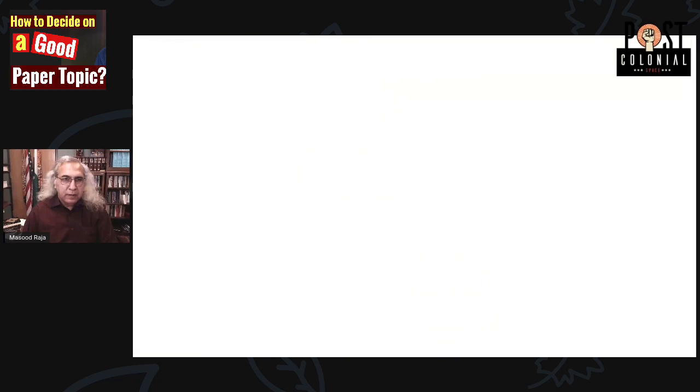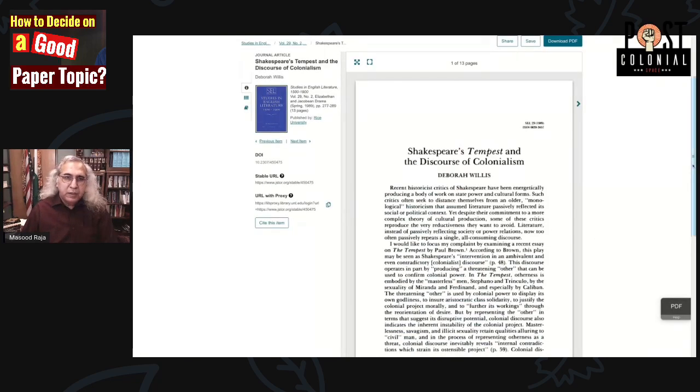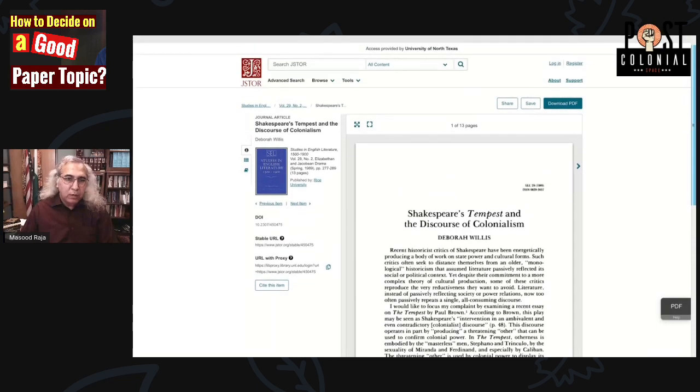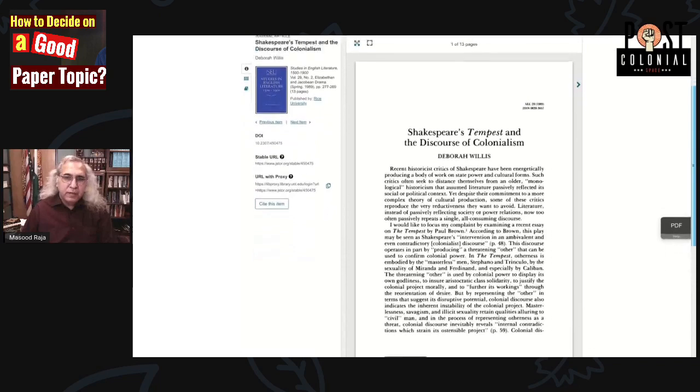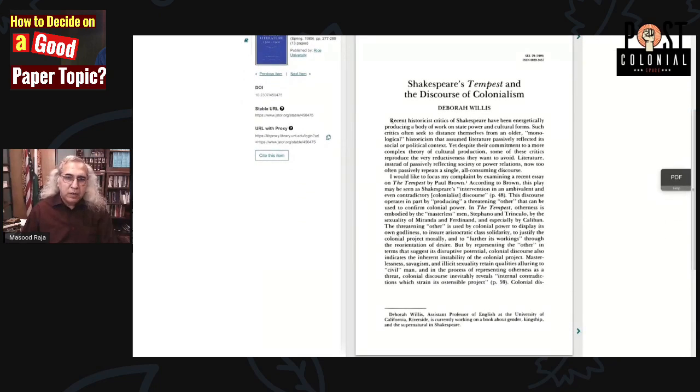Let's look at that. And okay, so what comes up is the whole article, so it's open. So the next step then is to see what this author is arguing, right? And whether it's relevant to what general idea you have about Shakespeare's The Tempest.